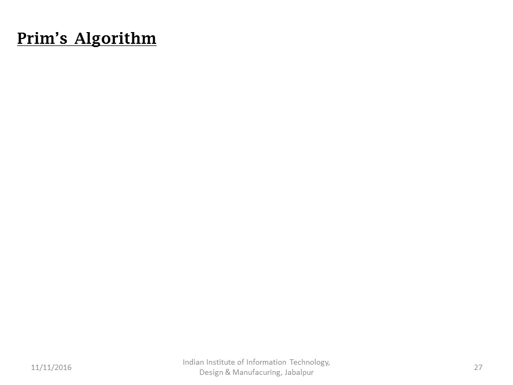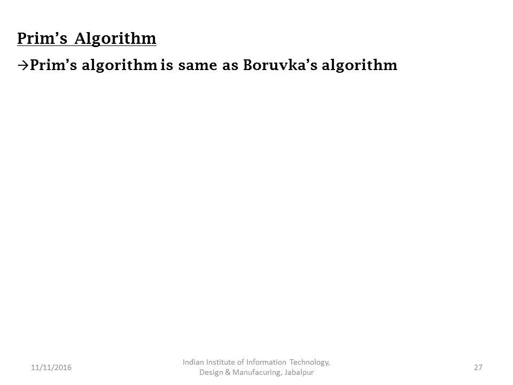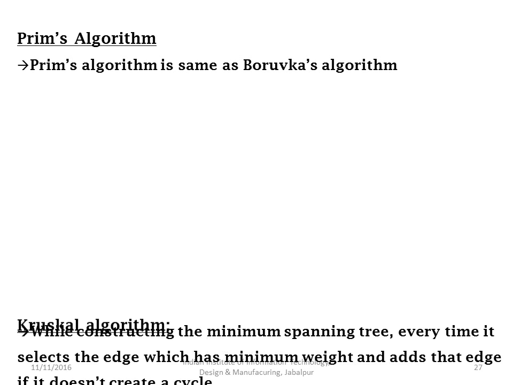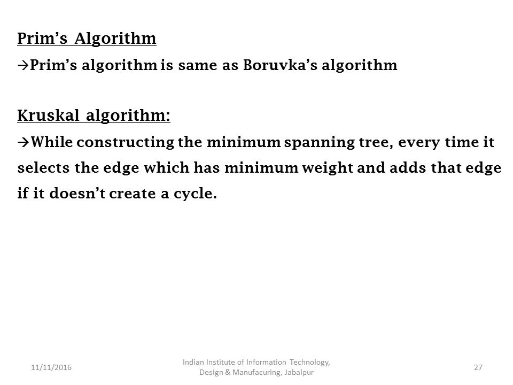So now we'll discuss the other approaches that are used for finding the minimum spanning tree, for example, Prim's algorithm and Kruskal algorithm. So Prim's algorithm, it is found that it is the same as Borůvka's algorithm, and the Kruskal algorithm, while constructing the minimum spanning tree, every time selects the edge which has the minimum weight and adds that edge if it doesn't create a cycle.